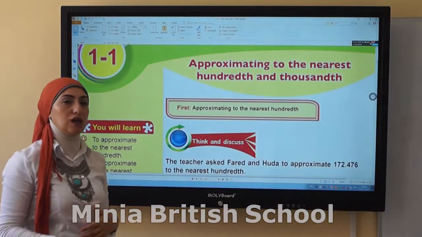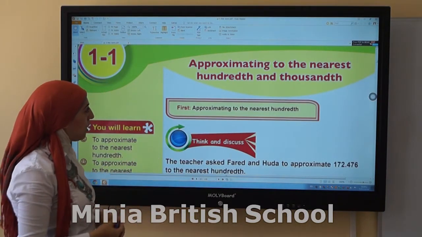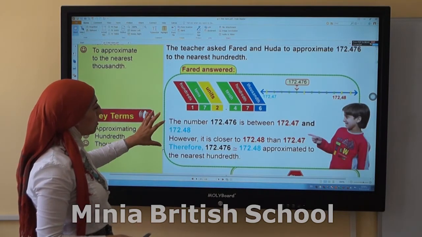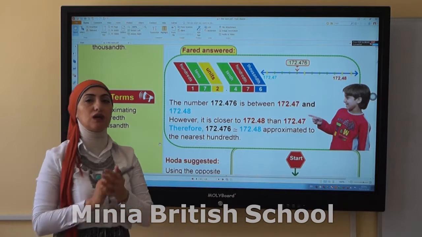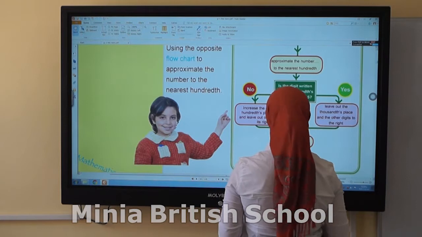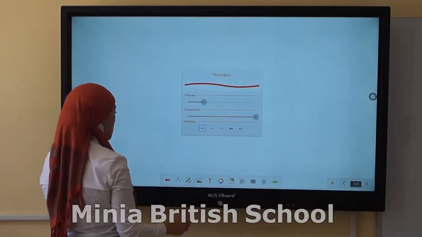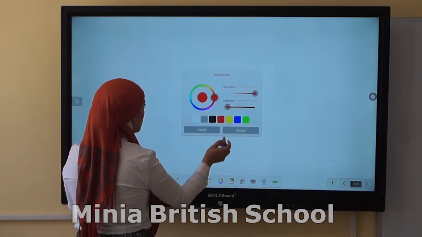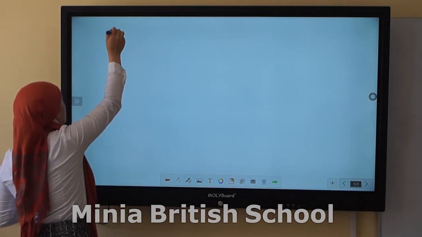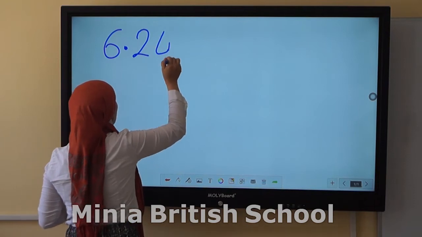So, that was some refreshment to remember the meaning of approximation. Now, if I want to approximate to the nearest hundredth, for example, 6.248.